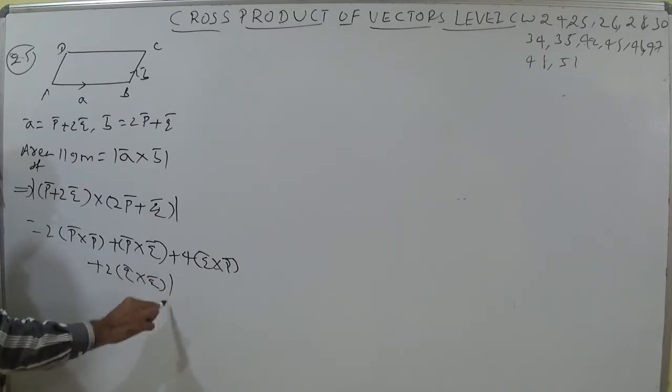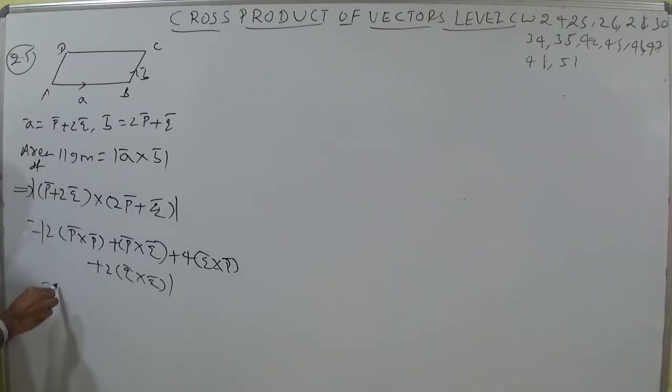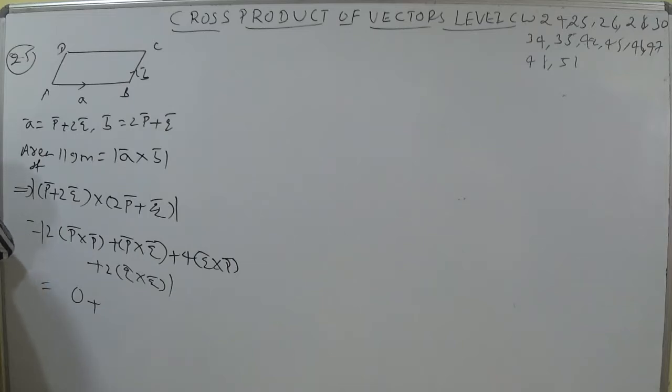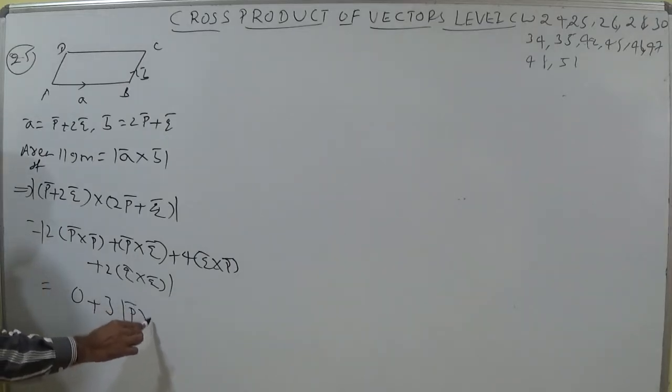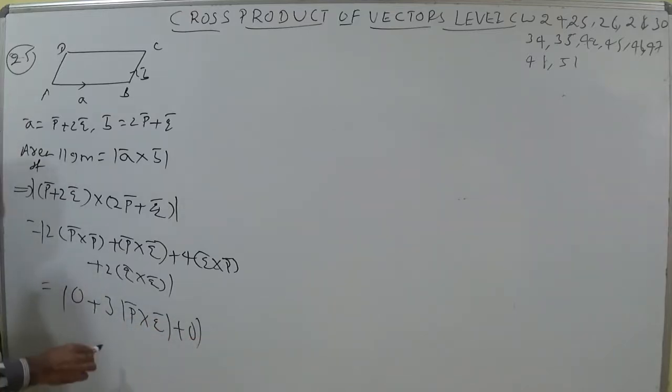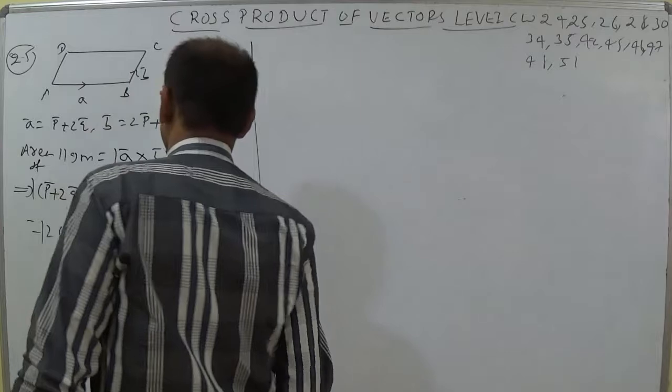We know that the cross product of a vector with itself is 0, so the first one is 0 and the last is 0. What remains is p cross q and minus 4 p cross q. So you can write, putting the modulus, simply 3 p cross q, plus 0, no need to write it. Now we got the area, a cross b.